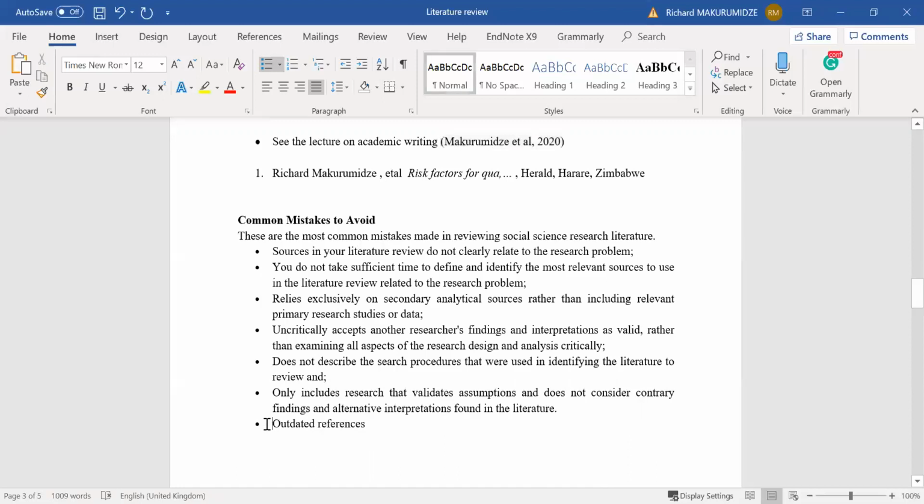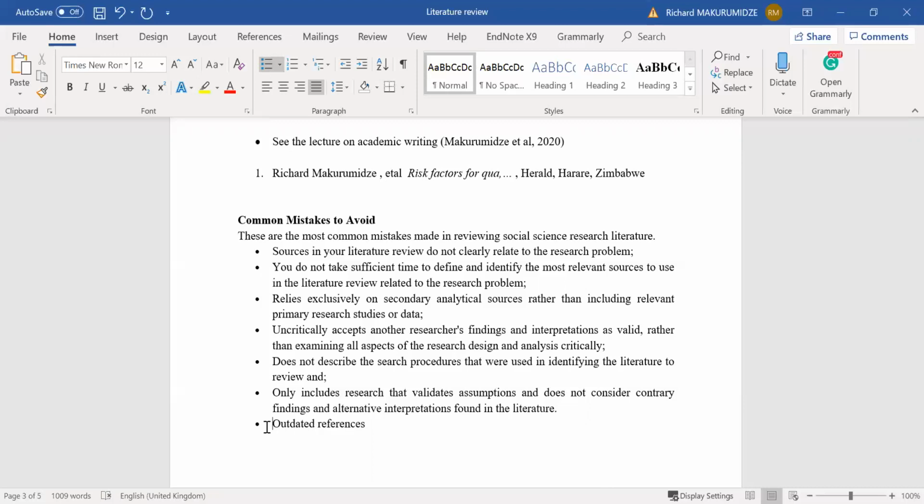This is very common, where people use outdated references and research. You need to make sure the literature you are using is recent. If we are writing a research in 2020, but some of your sources are from 1999 or 1980, it's not allowed.